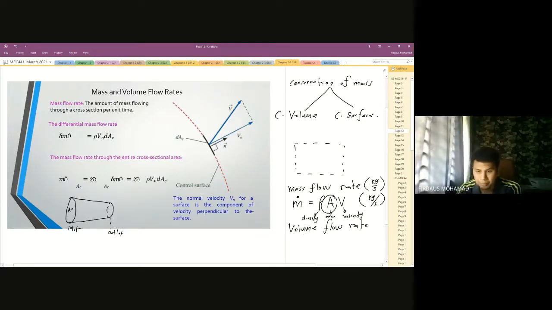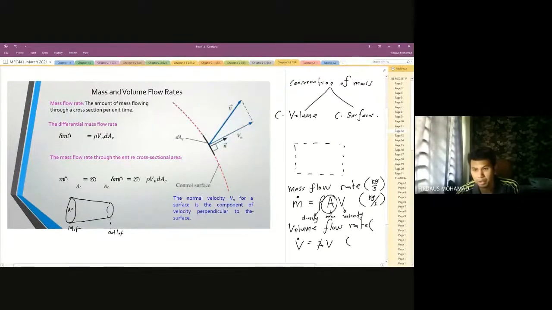And then volume flow rate, V dot. So volume flow rate equal to apa? A kali dengan V. Ya ni. M dot bahagi dengan rho. You betulkan, M dot over rho sebenarnya sama dengan volume flow rate.